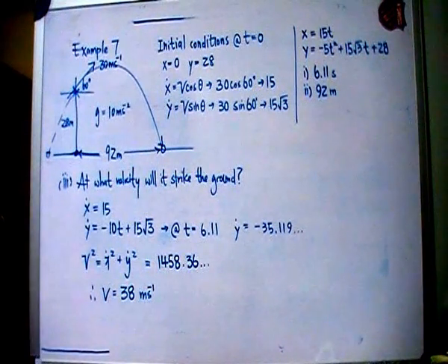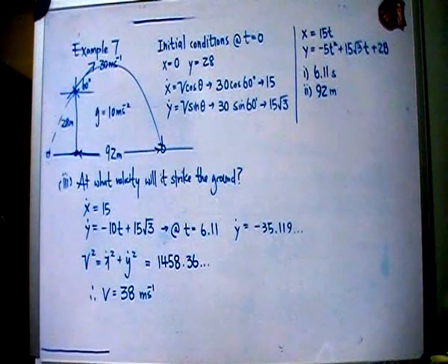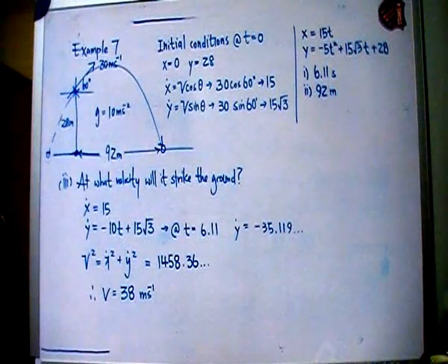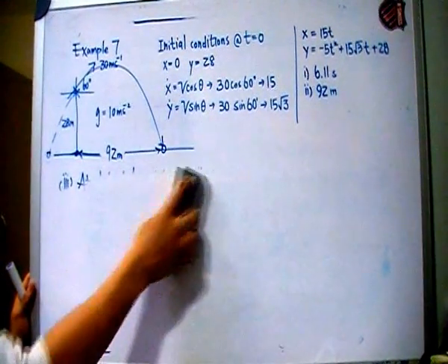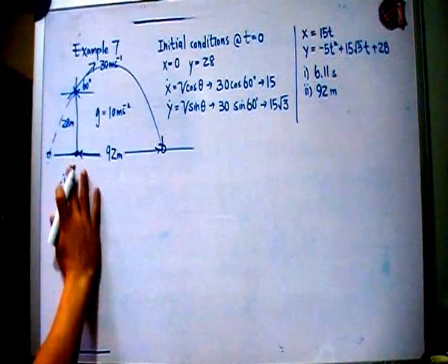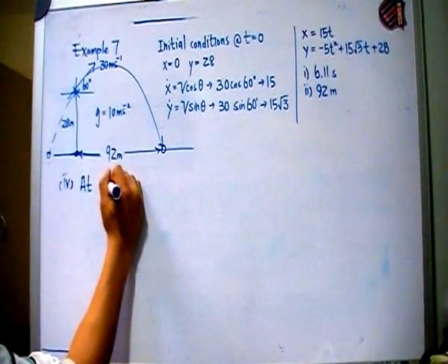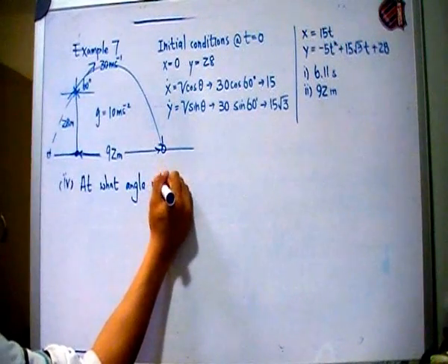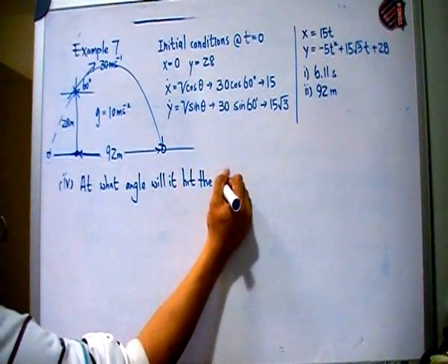Alright, and lastly, at what acute angle will it make with the ground on impact? Answer to the nearest degree. So after part 3, at what angle will it hit the ground?